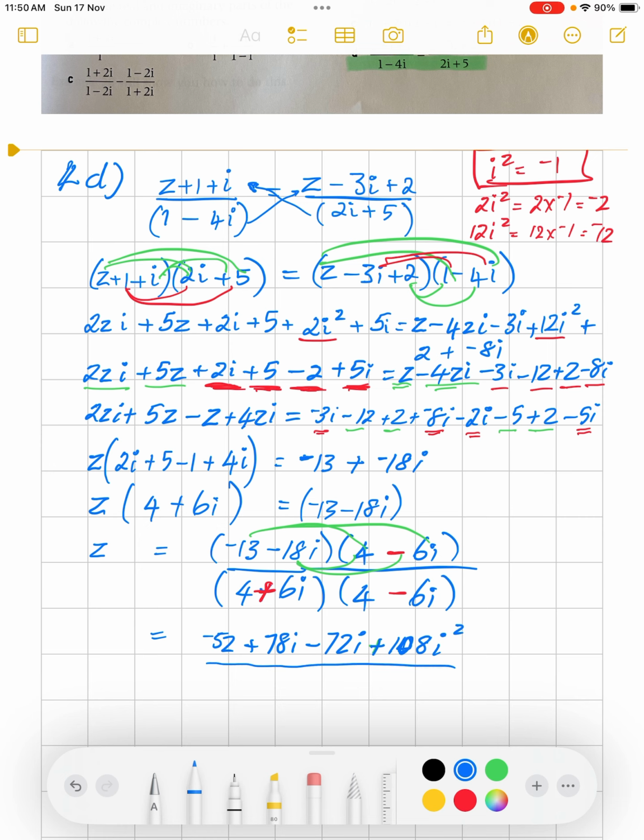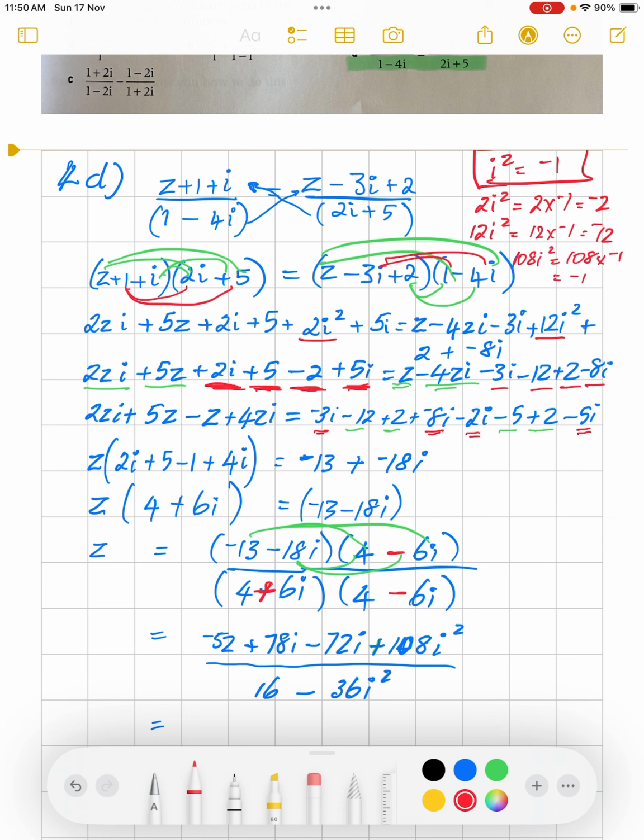And the denominator, we've got a plus b, a minus b, which is a squared minus b squared. So that makes 4 squared is 16 minus 6i times 6i is 36i squared. Real components, 108i squared. 108i squared is 108 times negative 1.